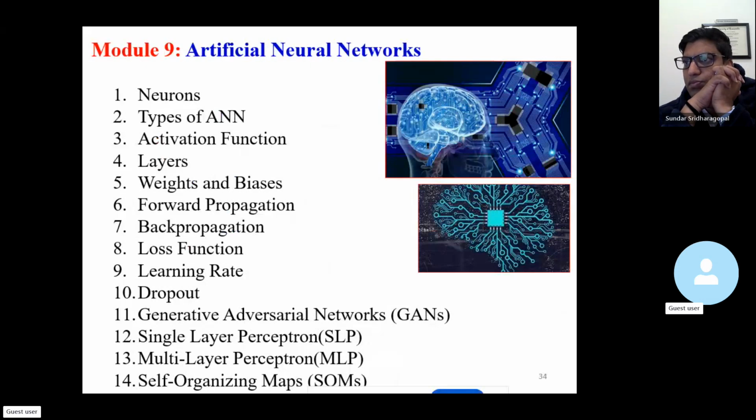These are the optimization techniques we are using in order to improve the accuracy, and we need to reduce the error. Then generative adversarial networks, GANs, then SLP, MLP, SOM: single layer perceptron, multi-layer perceptron, self-organizing maps. These are the concepts we are using in artificial neural networks.